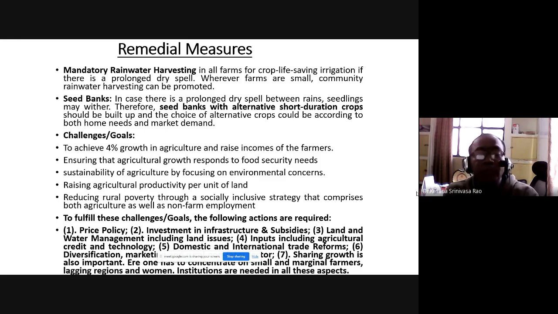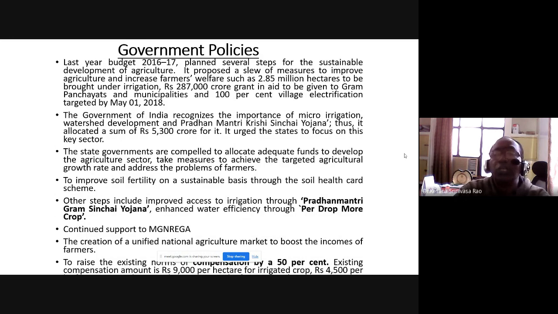Land and water management, including land issues, inputs including agricultural credit and technology, domestic and international trade reforms, diversification, marketing, etc. Then sharing growth is also important. These are the institutional aspects we have to follow up on when we are taking on these types of goals and targets in Indian agriculture.